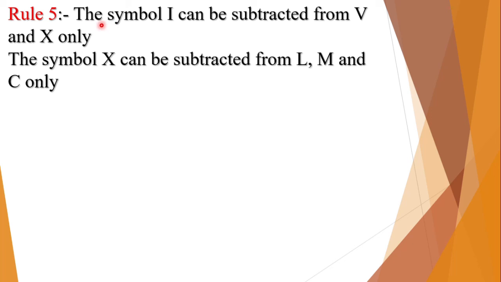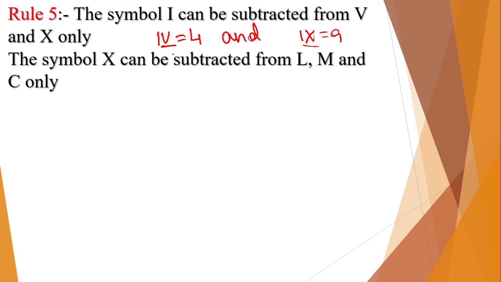So the fifth rule is the symbol I can be subtracted from V and X only. So as I told, the symbol I can be subtracted from V and it can be subtracted from X. So 4 and 9, it can be subtracted in X and V. Right, so I can only be subtracted from V and X, not from C, M, L, right?